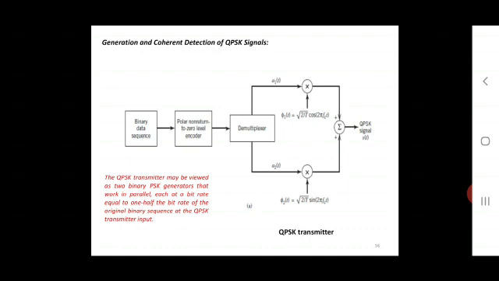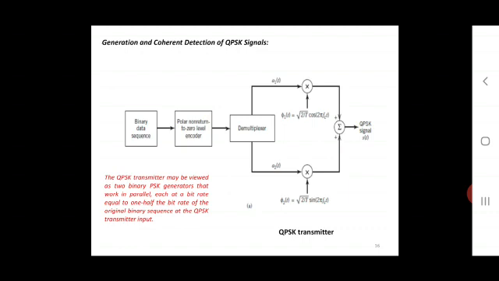Expanding on the binary PSK transmitter, as we already discussed, we can construct a QPSK transmitter as depicted in this figure. A distinguishing feature of the QPSK transmitter in the block diagram is the demultiplexer.